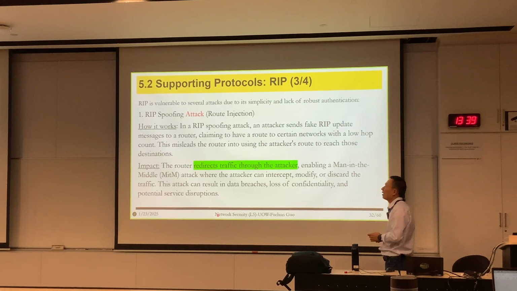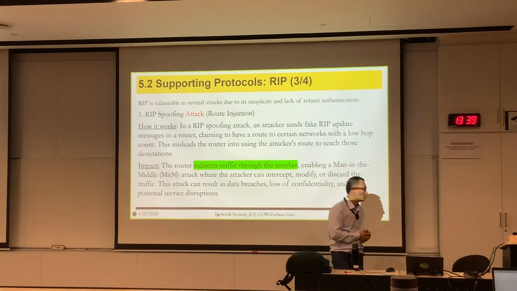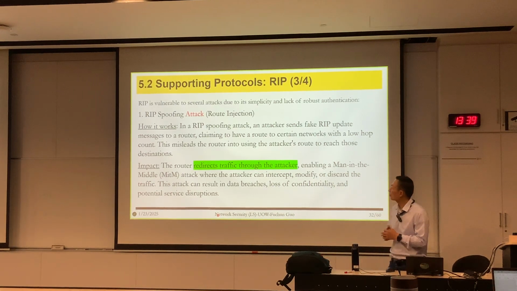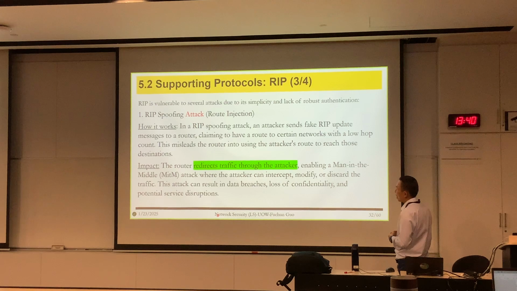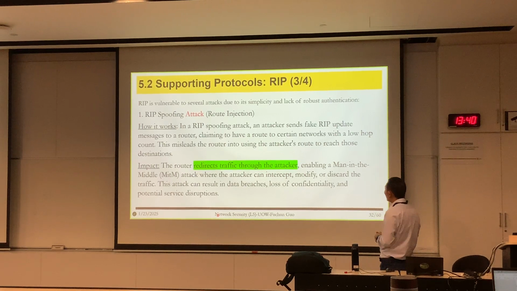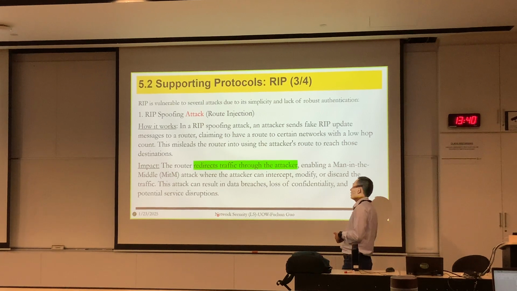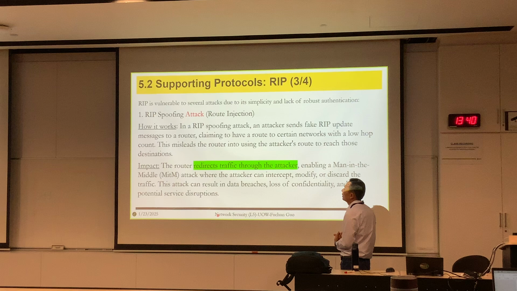It means that later, when people would like to talk to others, the information will go to me. I will play as the intermediate router. This router will direct traffic through the attacker, which means that the attacker will seize or intercept the data. And this can enable a man-in-the-middle attack, where the attacker can intercept, modify, or stop the traffic.